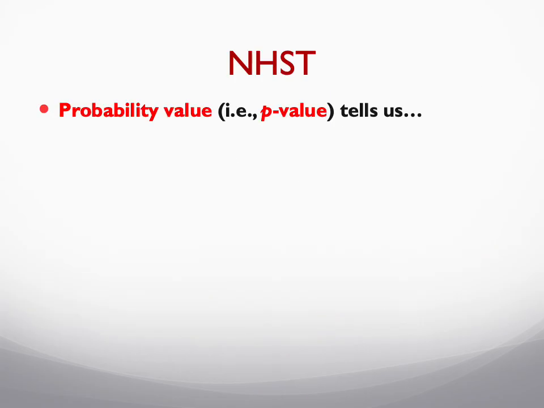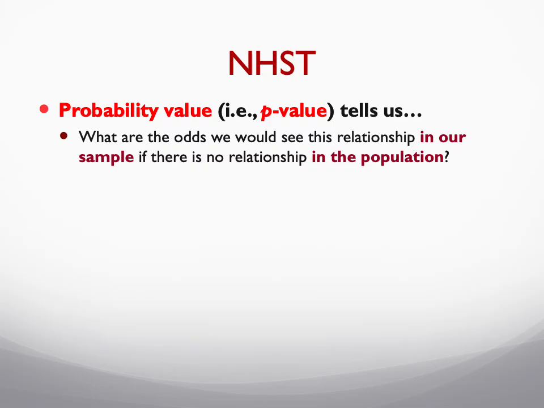The p-value, the probability value, tells us what are the odds we would see this relationship in our sample if there is actually no relationship in the population. So what are the odds I would get this result in my study if in fact I lived in this world where the null hypothesis was true?